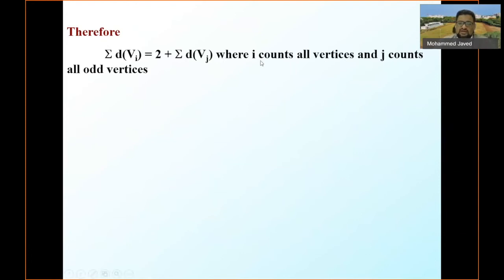Here i counts all vertices and j counts all odd vertices. So sigma d(vi) is equal to 2 plus sigma d(vj), which is equal to 2 times n minus 1, because the total degree of the vertices in a tree should be equal to 2e. In case of a tree, the number of edges is n minus 1. So 2 into n minus 1.